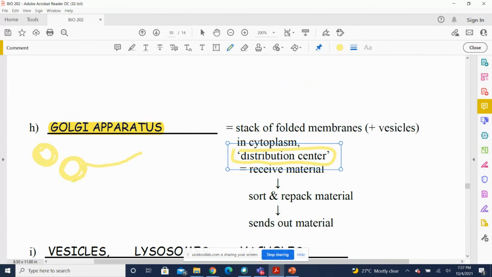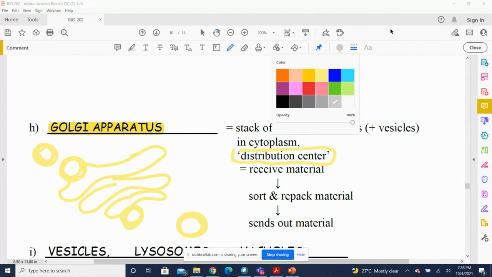Vesicles get fused into the Golgi apparatus itself, and within the Golgi apparatus, the material contained by these vesicles gets rearranged, sorted, and repackaged so that new vesicles can leave the Golgi apparatus and go wherever they're needed in cells.